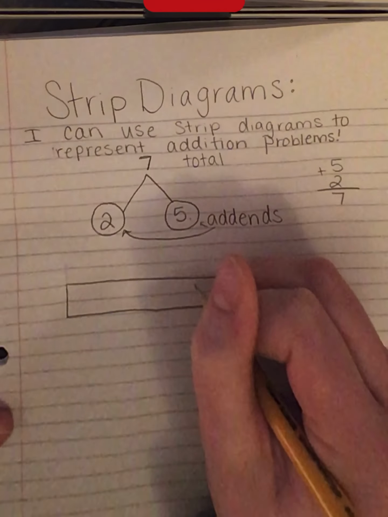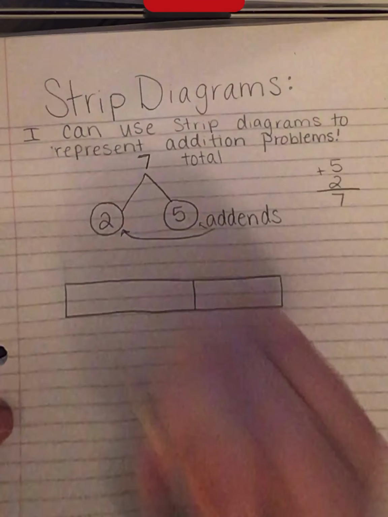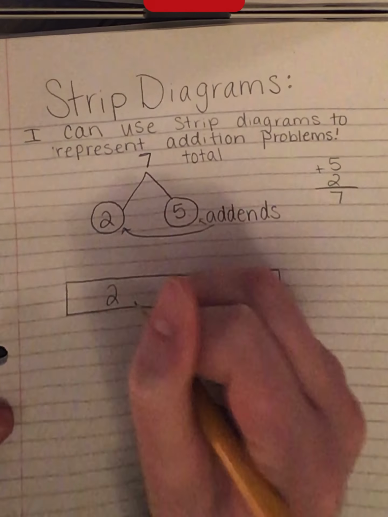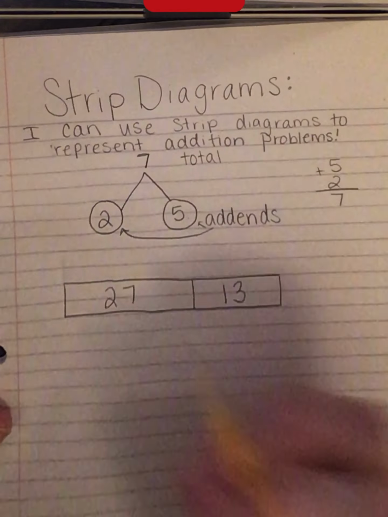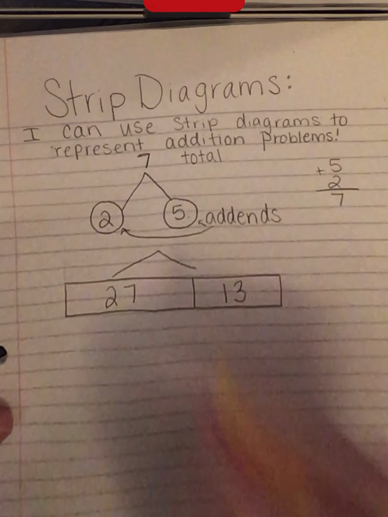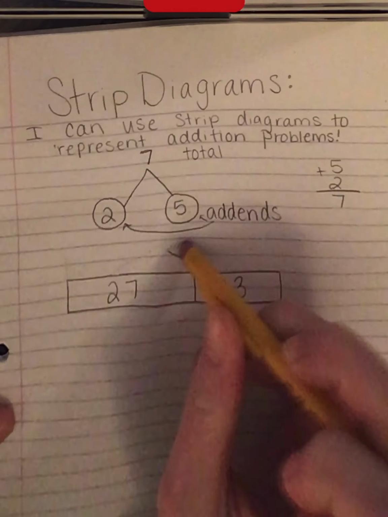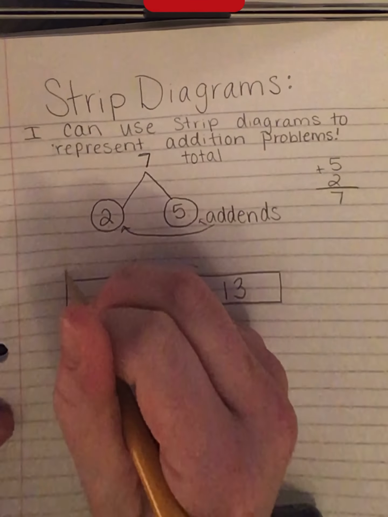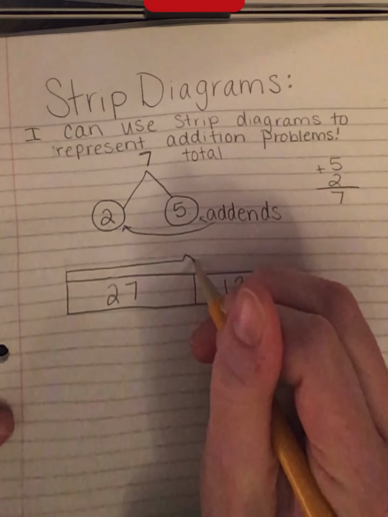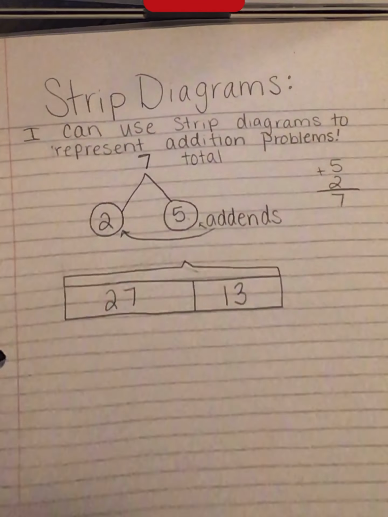So in this case, if I had the numbers 27 and 13, I would do my addition to figure out what my total is. My total goes above by adding all of those up together.